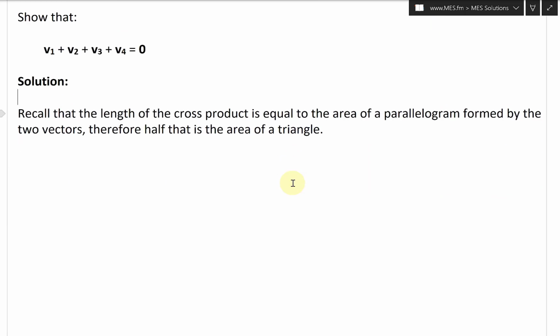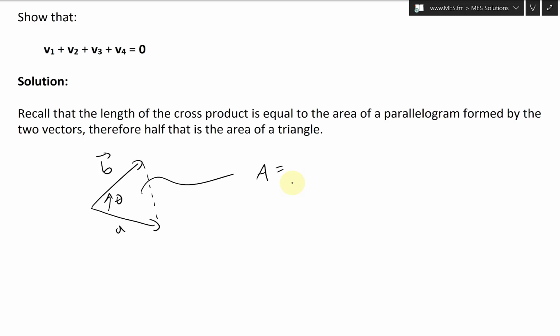So in other words, just note that if we had a vector A and a vector B, with an angle theta, the area of this triangle is going to be 1/2 the length of the cross product A cross B, as I showed in my earlier video. If you ignore that half, you're going to get the parallelogram. It goes like this. But we're dealing with half, so just set up like that.